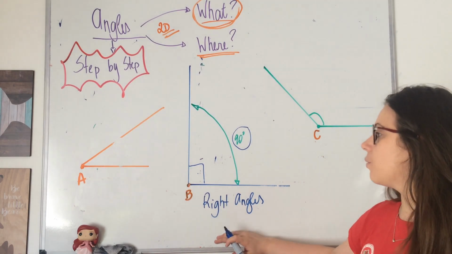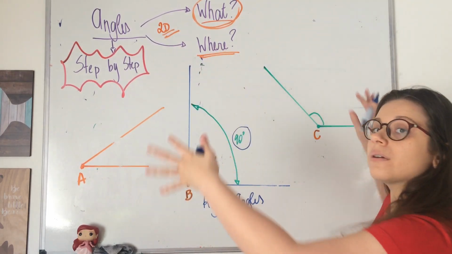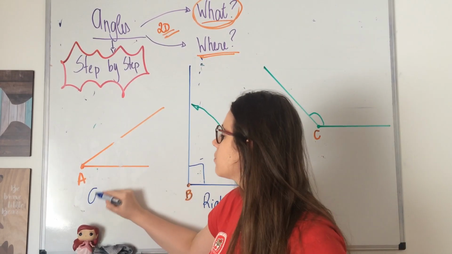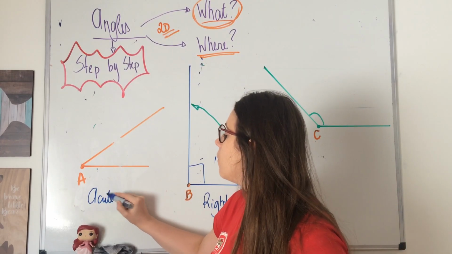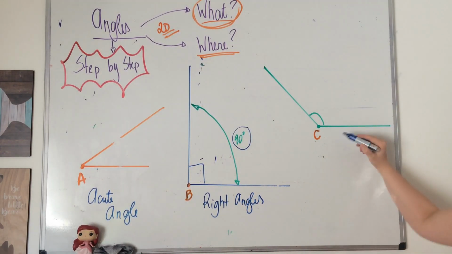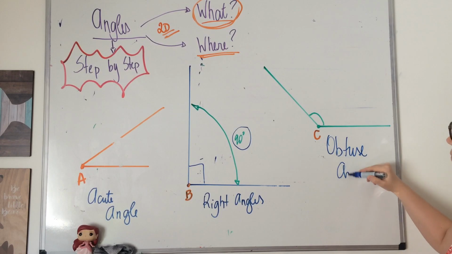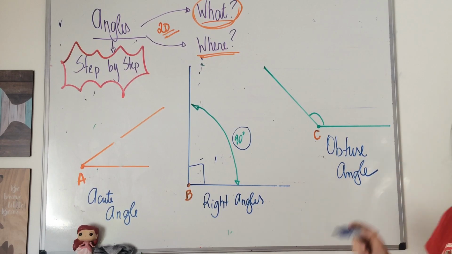Besides right angle, we have two more names for angles, two other classifications for the angles. We have what we call an acute angle, and we have what we call an obtuse angle. Okay?